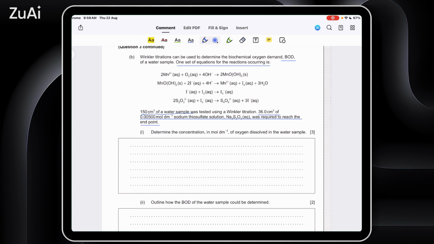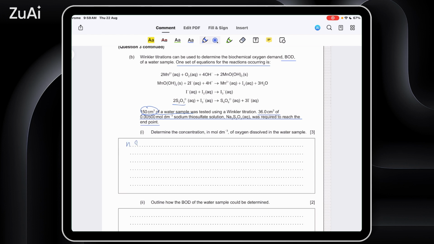That's a so easy question. You have to apply the moles. We have been provided with the volume and the concentration of sodium thiosulfate. Sodium thiosulfate is over there, S2O3. So we need to find the moles.